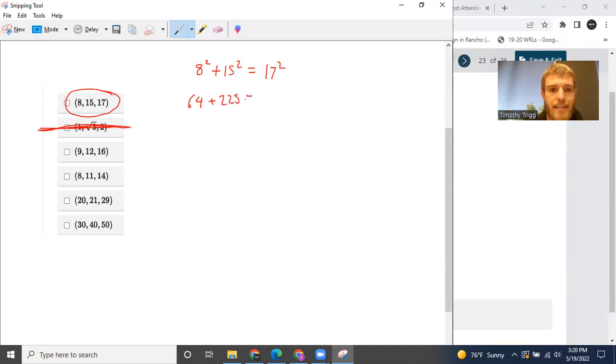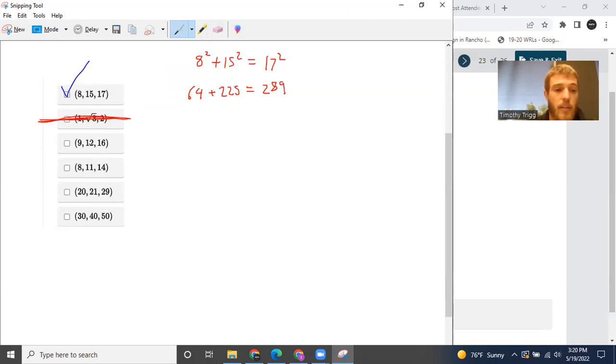And 17 squared is 289. Do these add up to 289? 64 plus 225, yes, it does. Both sides equal 289. So is this a Pythagorean triple? Yes, it is, so we're going to click that one.